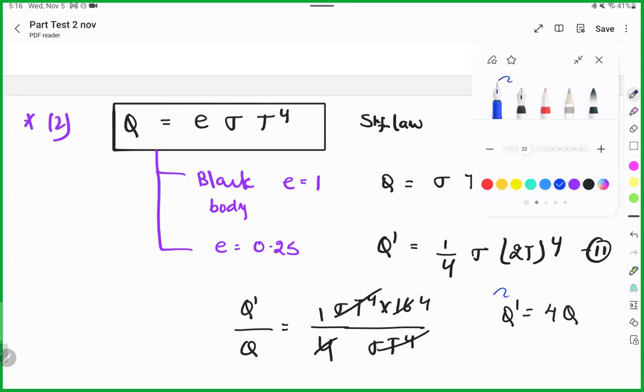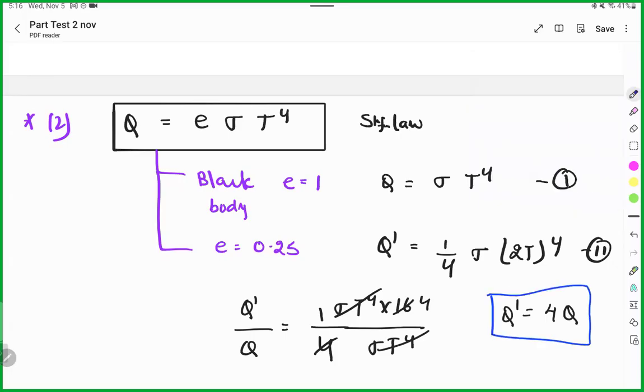Tell me, do you have any questions? We discussed this formula in class, correct? This is the only formula you need in this topic. Yes or no? Even in the second situation, the formula will be exactly the same.